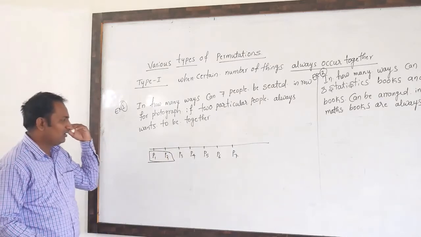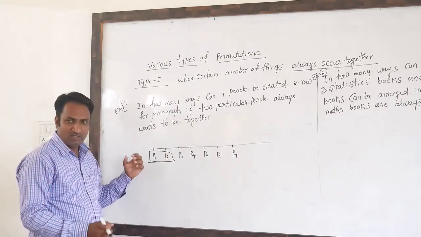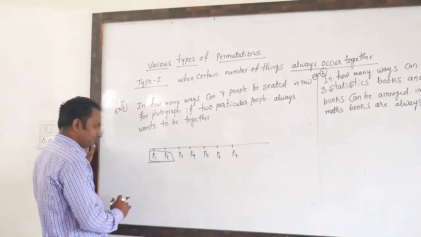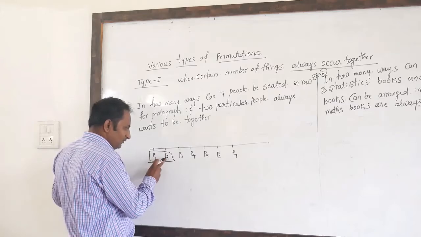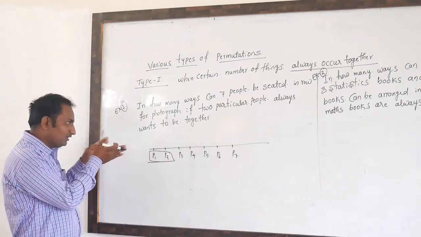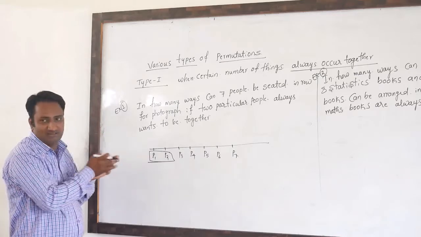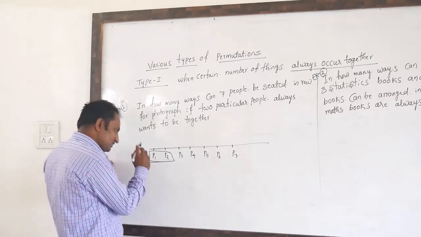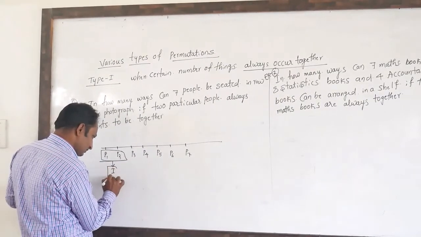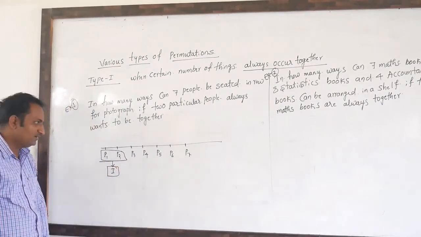Here, how many types of rows are made for the photograph? Here, people 1 and people 2 are always seated together. Consider this is a type 1 arrangement.